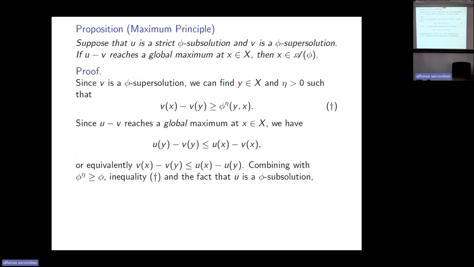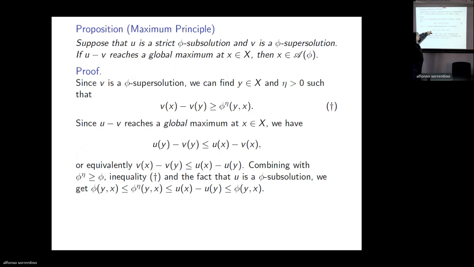So we combine this with the fact that phi eta is larger than phi, with the equality here defining phi supersolution, and the fact that u is a phi subsolution to obtain the following things. So phi(y x) is less than phi eta of y x. This is because phi eta is non-decreasing in eta and phi 0 is phi.